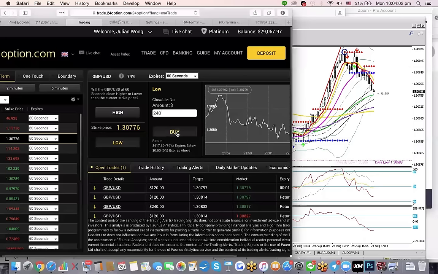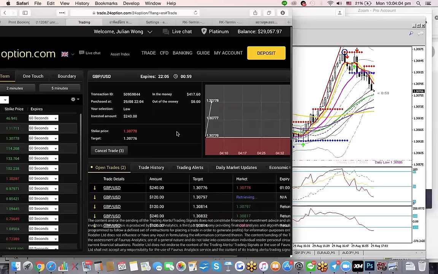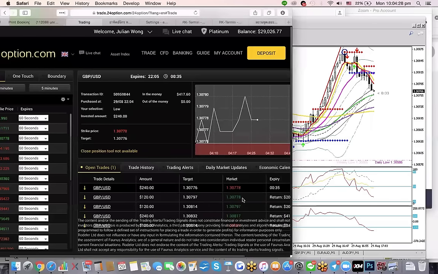Okay, now I'm gonna go for another one. Oh shit, I actually doubled up my mistake because that one won. I wasn't expecting that to win, but anyway, I doubled up. So if I win, there's a bonus. If I lose, it gets a little bit messy for me. But in my case, because I'm sizing my trades very small to begin with, I can actually afford to follow this up.